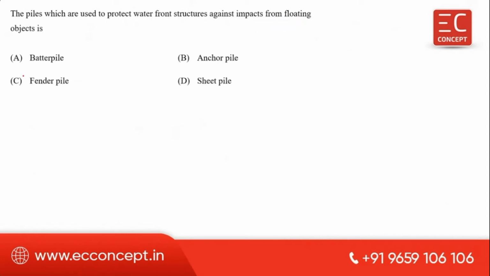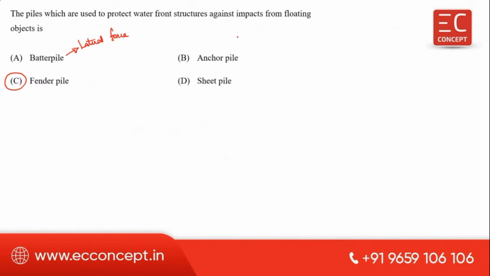Okay, next question. It's a very simple question. The pile used to protect a waterfront structure against the impact of floating objects is the fender pile. A batter pile is used to resist lateral force.